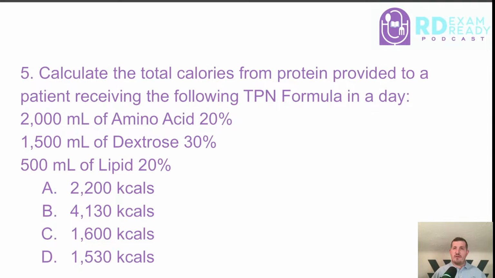I'm going to give you about 45 seconds to start in on this, and then I'll jump in with you. Always be very careful, reading as carefully as you can on a TPN and an EN question. Really, any question, but knowing what they're asking for is going to be so key for you.